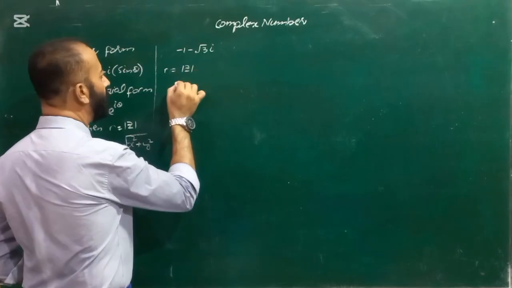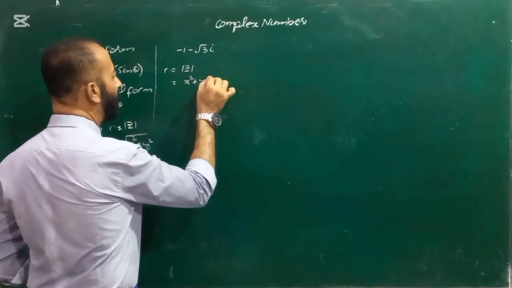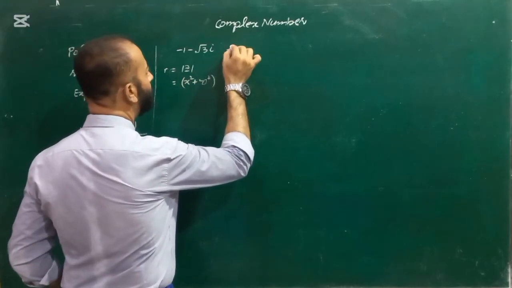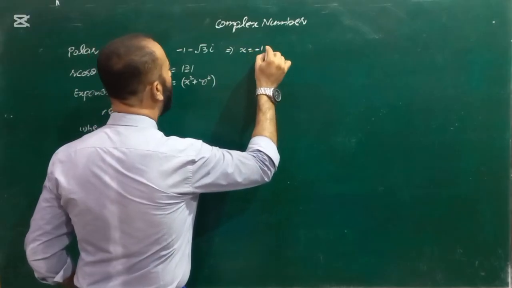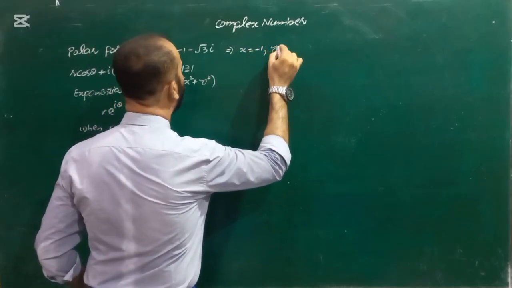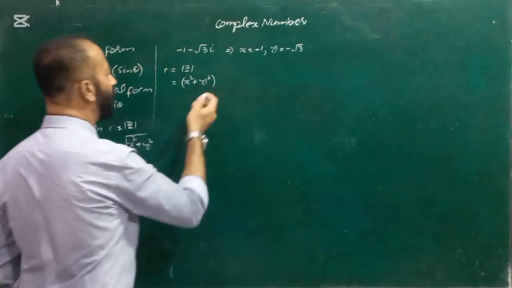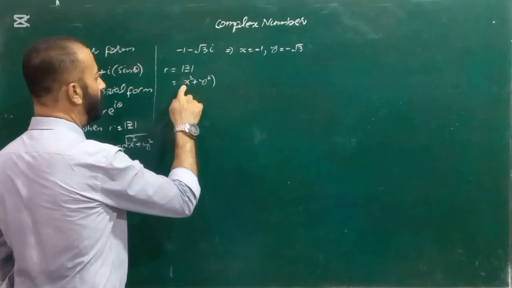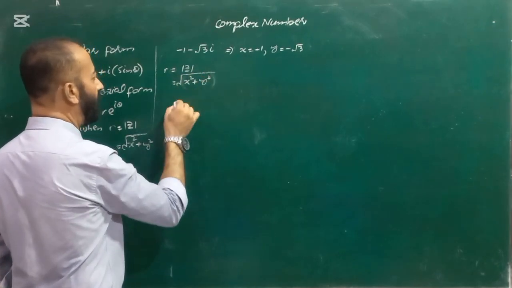z mod, which is equal to the square root of x square plus y square. From here you can see x is -1 and y is minus square root 3. So these are the values which are going to be put into the formula. This is the formula for finding the z mod.